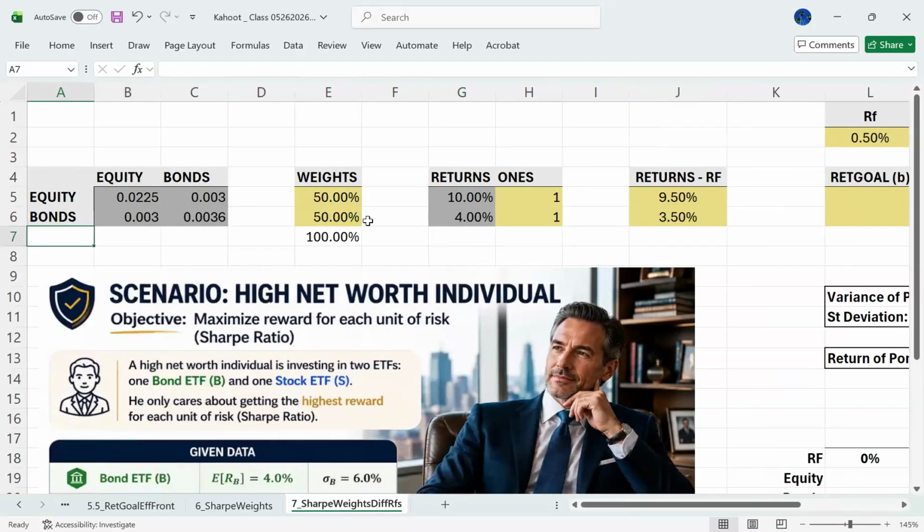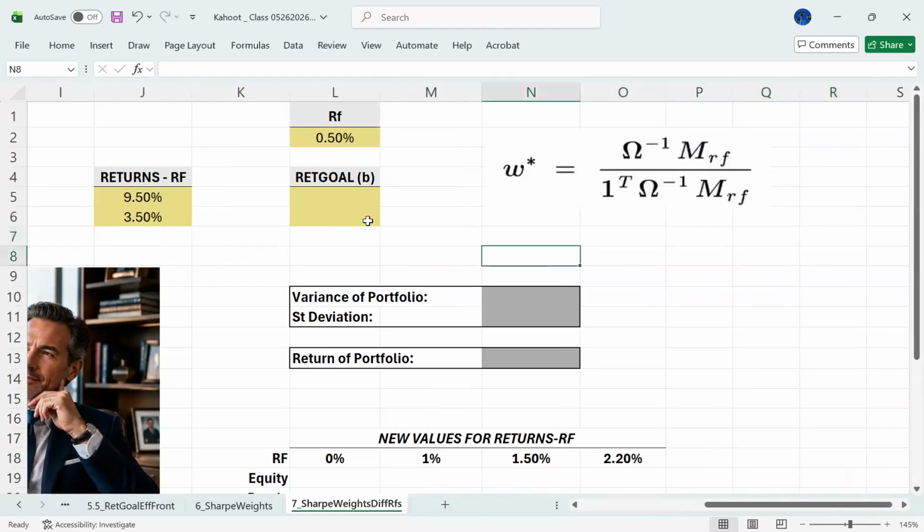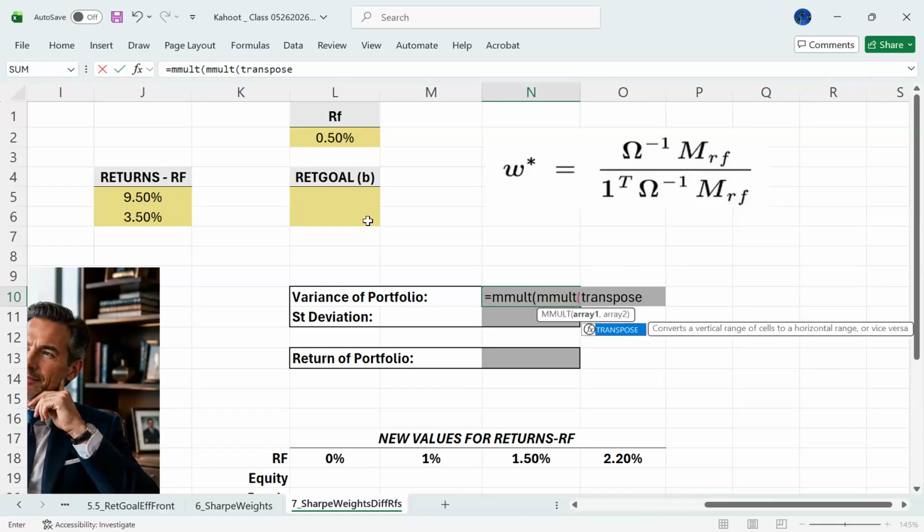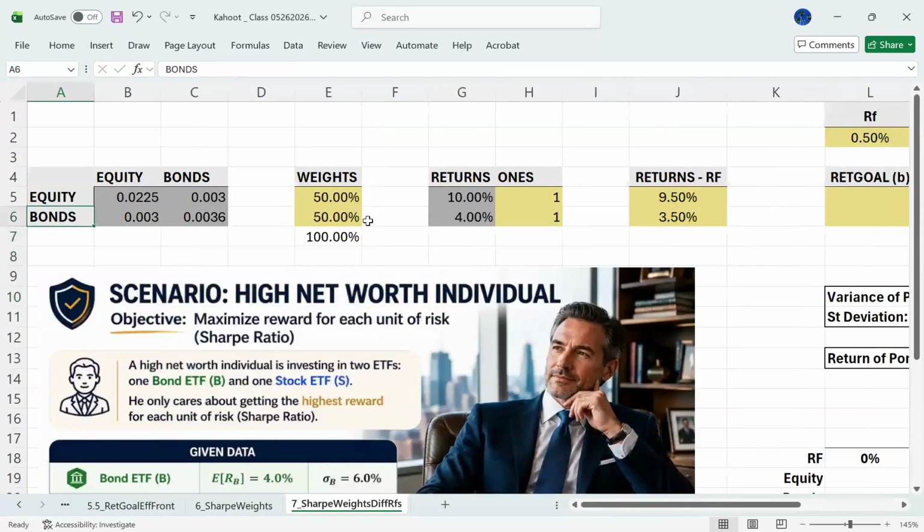Okay, so then we just do this. Now in this case, let us calculate a couple of things like the variance. If you are not familiar with these steps, you can watch previous videos. We have been doing this. So for the variance, we're going to use MMULT. Before we even use these formulas, let's give these matrices names because that makes everything much easier.